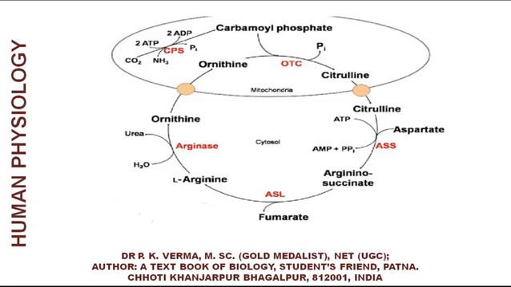In urea, there are two amino groups. One is directly derived from free ammonia and another is derived from aspartic acid. So if there is a poor amount of aspartic acid in our diet or it is not produced inside the cells, the urea synthesis is affected.